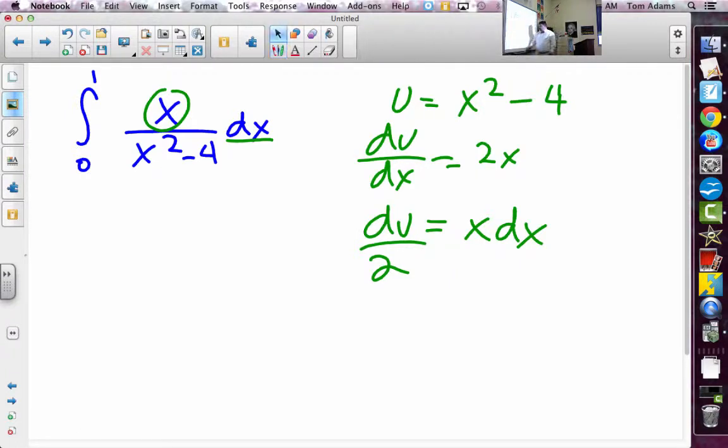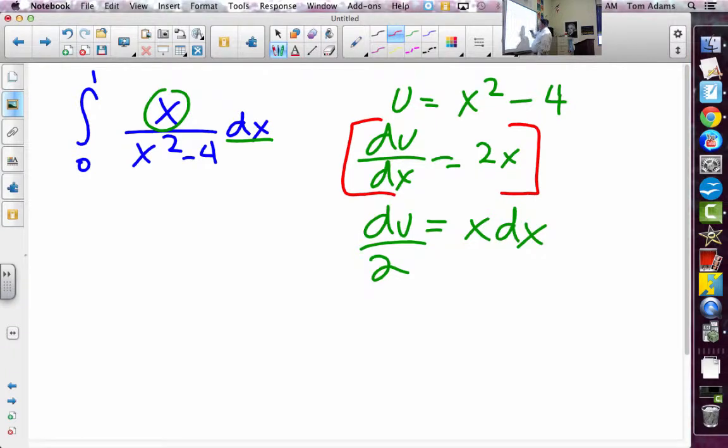The way that I got that: I took this whole thing and multiplied it by dx over 2. On this side the dx's cancel and I get du over 2. On this side the 2's cancel and I get x dx.